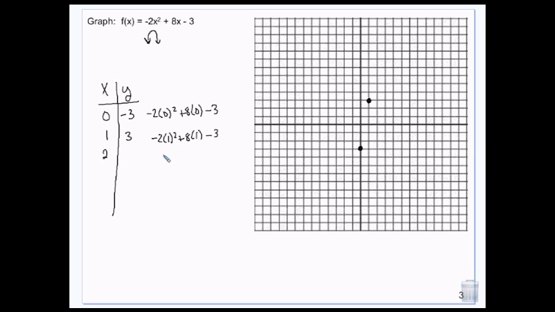So I'm going to keep going in the positive direction. So I have -8 plus 16, which is 8, minus 3, that's 5.